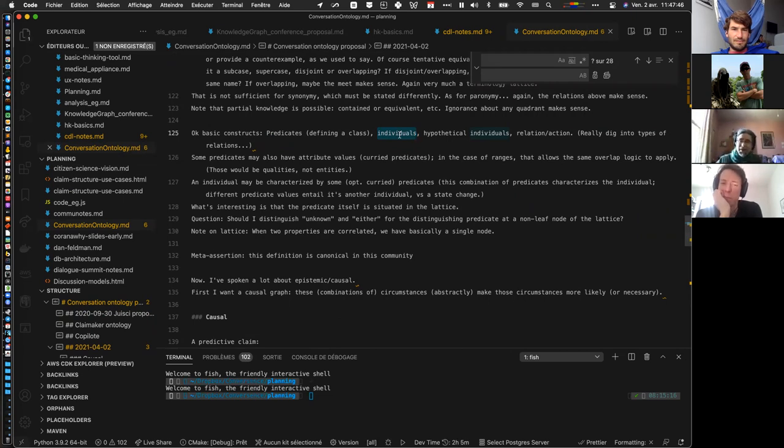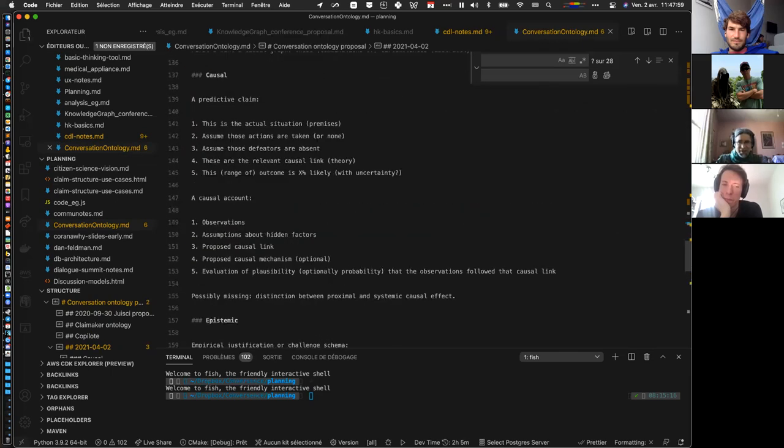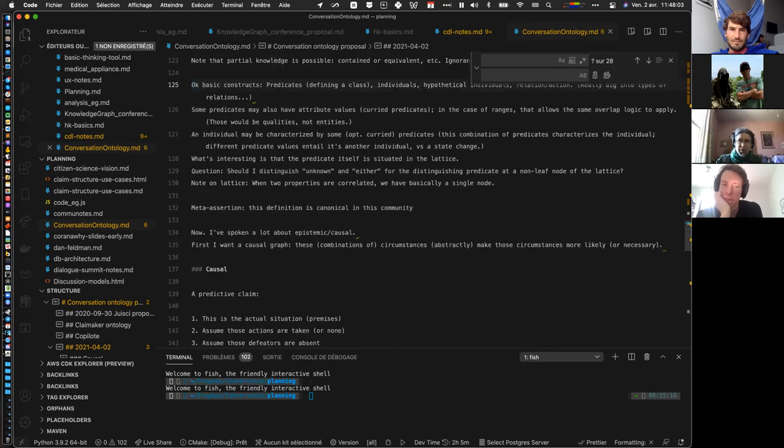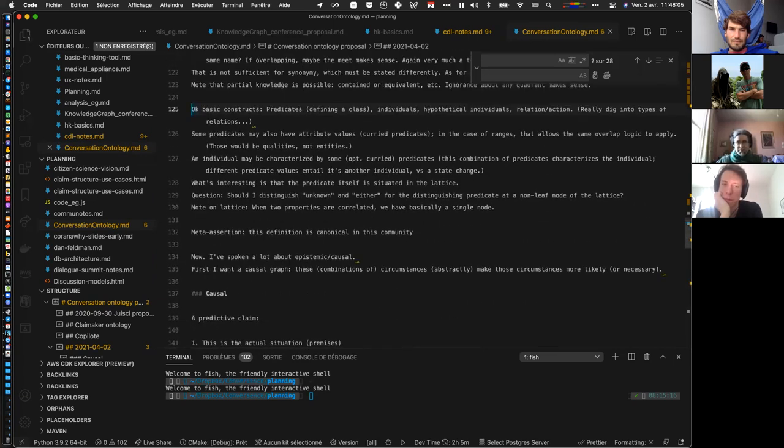But why would you, okay, what's the use case? What's the so-what of this whole line? What I'm trying to do is to see what are the building blocks of the claims. But why are these building blocks needed? Like, why do you need to disambiguate between a predicate and an individual and a hypothetical individual?